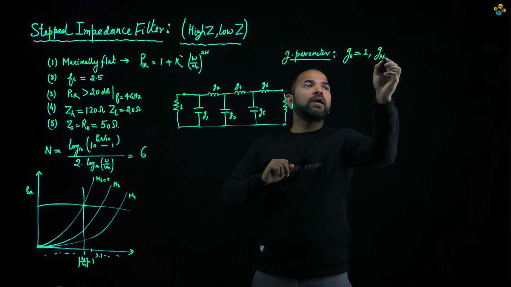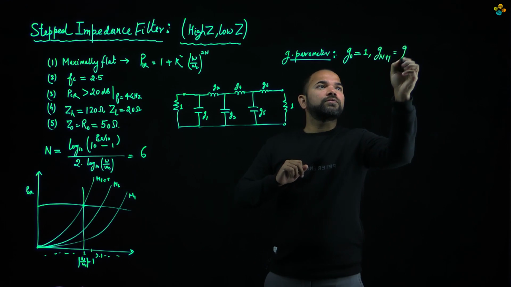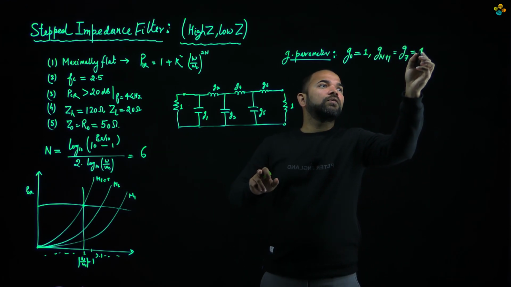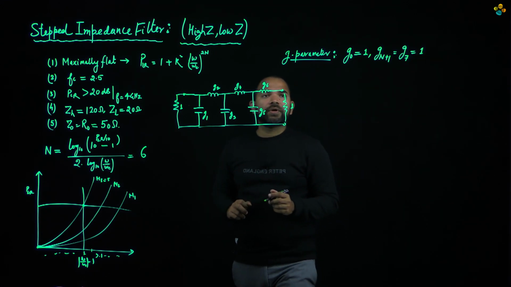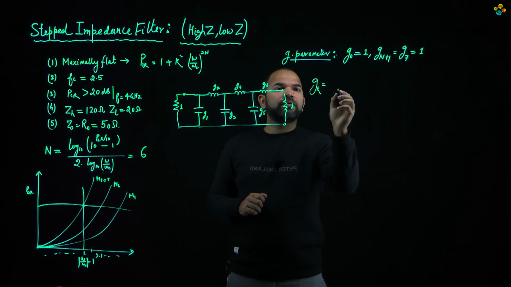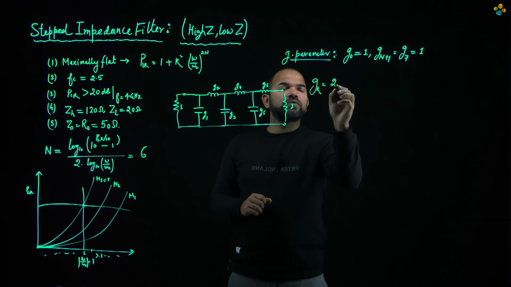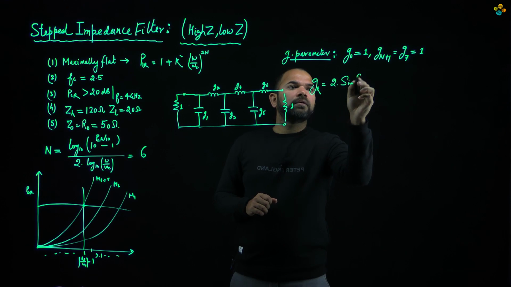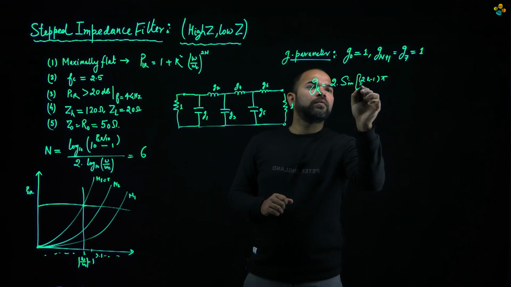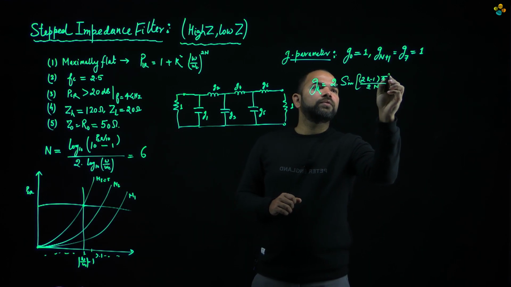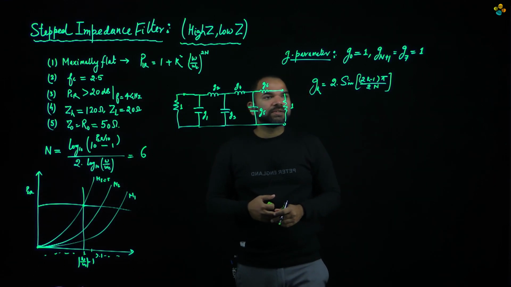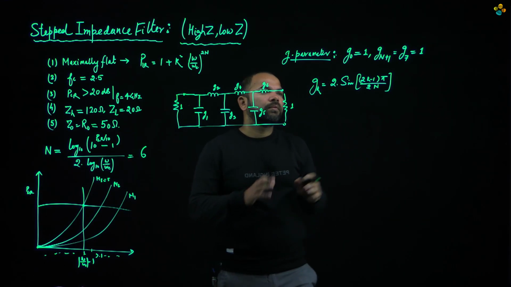Similarly, Gn plus 1, where the order of the filter is 6, so this is going to be G7, is also 1. For the rest of the G parameters, the expression for Gk is twice sine of (2k minus 1) pi divided by 2n. We have seen in the previous classes how this expression came. So we can solve for every k.